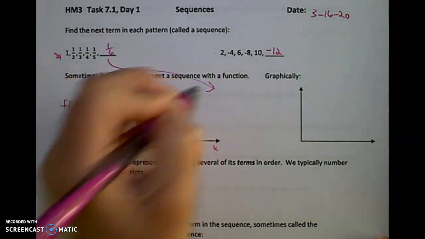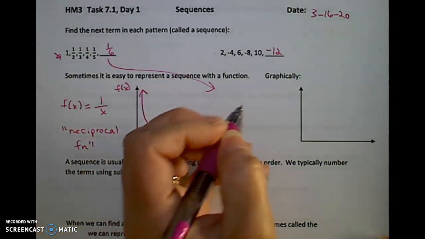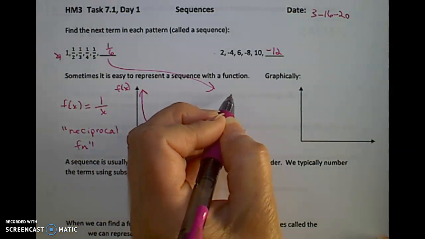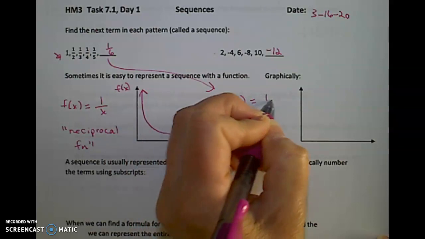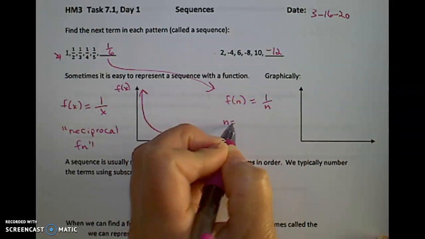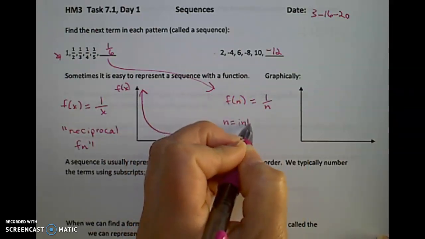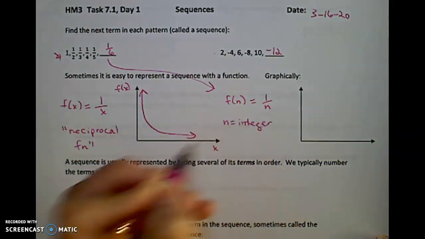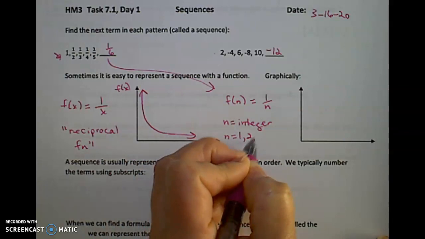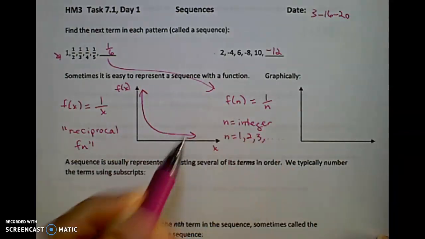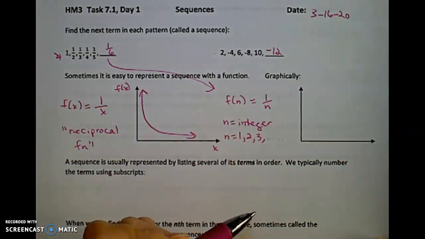But if we represent that sequence, that pattern, with sequences we use the input of n, 1 over n, because for sequences, our inputs are always integers. For n, some integer. And we use the positive integers, 1, 2, 3, all the way up to infinity as our inputs into sequences.